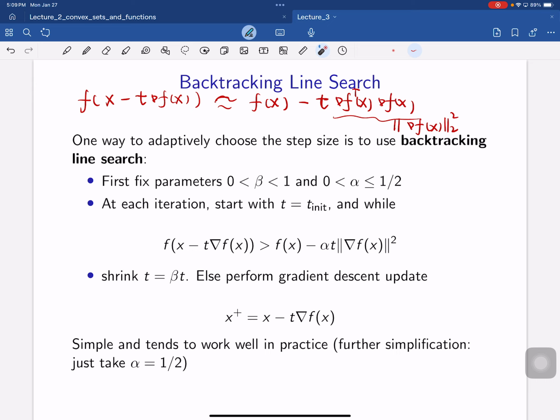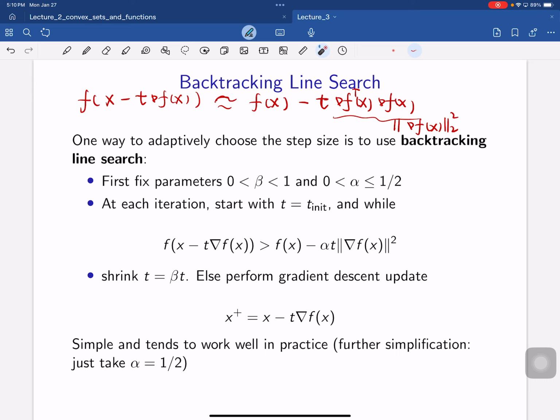But here, you choose the alpha value between 0 and 0.5, right? So here I don't have a 0.5; we have 1 times t times the norm of the gradient. That means as t goes smaller and smaller, this decrease will always be bigger than the right-hand side, because you choose alpha between 0 and 0.5.